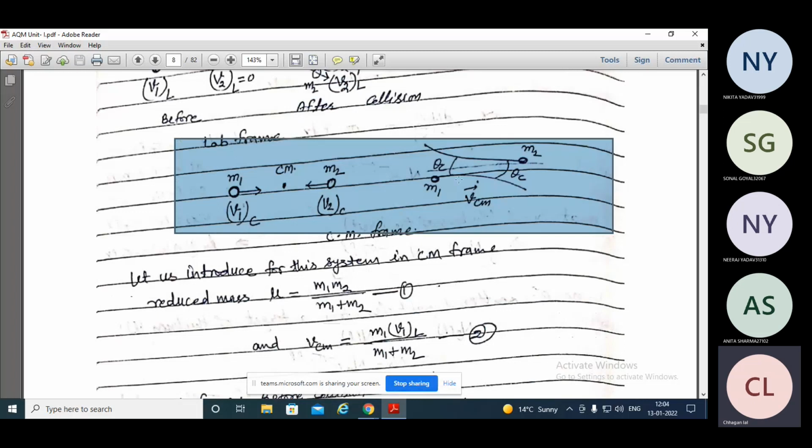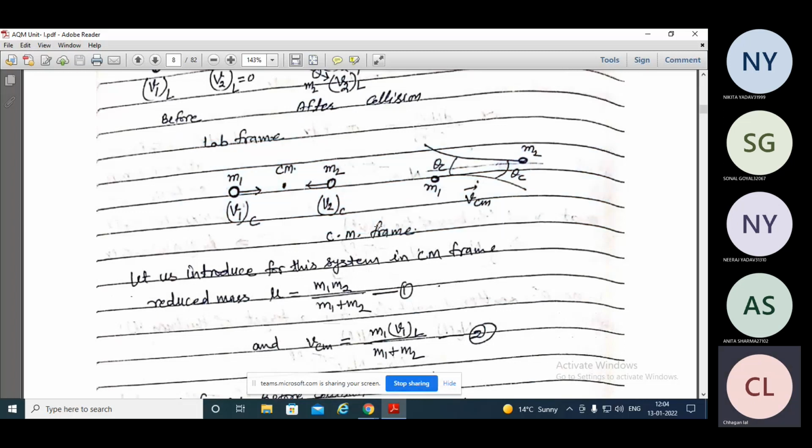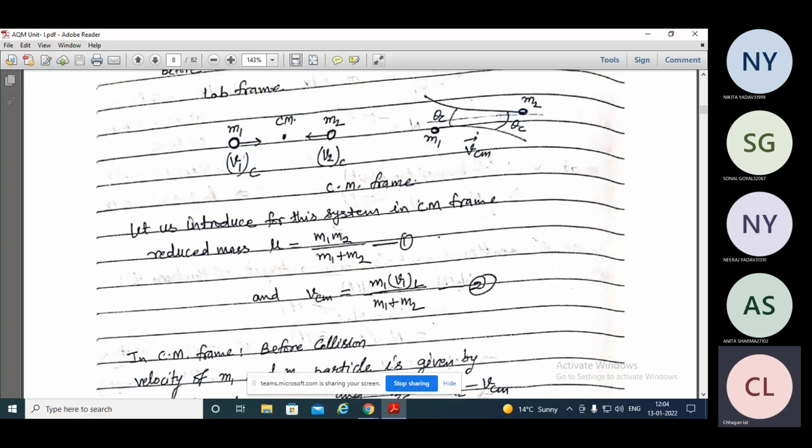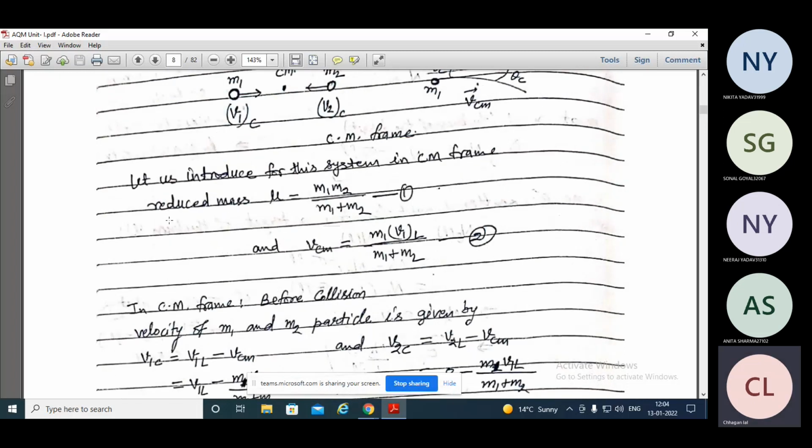After the collision, these particles go this way, where we represent the scattering angle by theta C, because here we are using all the particles in the C frame. Here we are using Jordan and Drill notation. Now we have introduced the C frame in this situation.